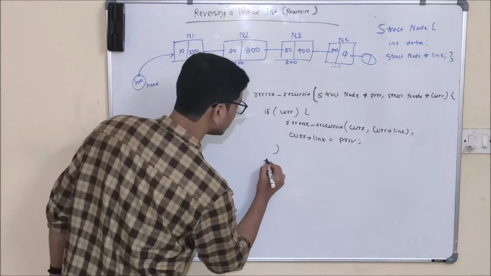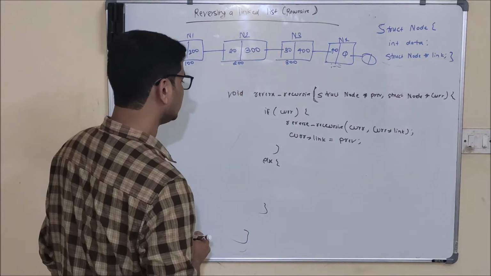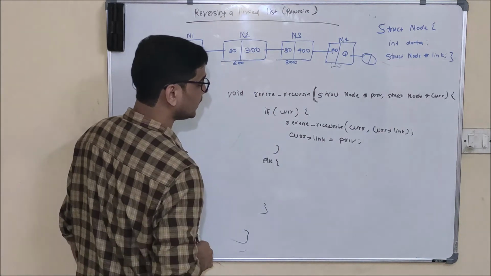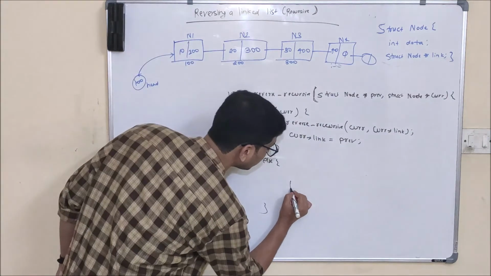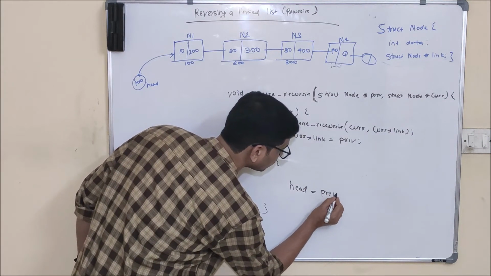After that we will write the else condition. In the else condition, we have reached the end of the linked list, and we will make head point to previous node.